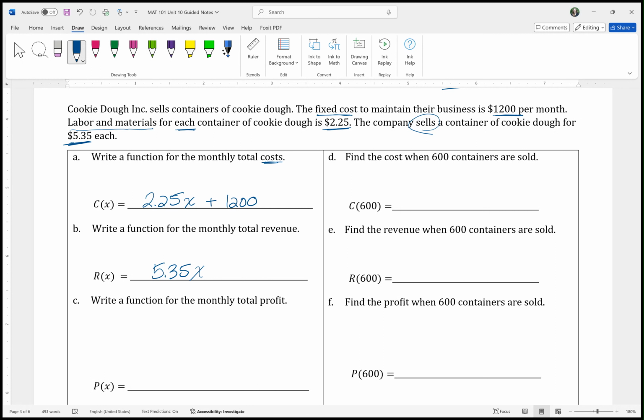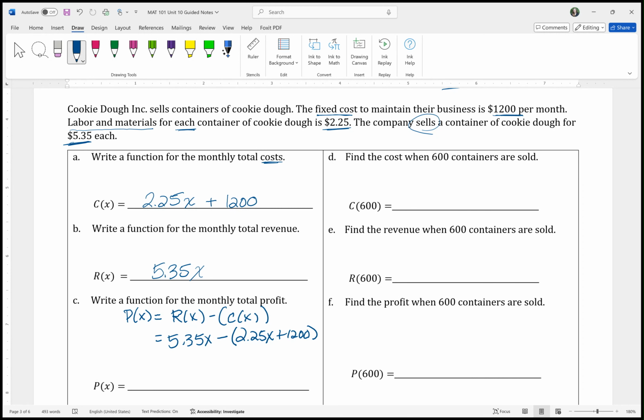Okay, so now that we've got revenue and cost, our monthly profit, our total profit here, will be, again, P of X equals revenue, R of X, minus parentheses, C of X. And now we're going to plug. This is going to be revenue, which is 535x, minus the cost, which is 225x plus 1,200.